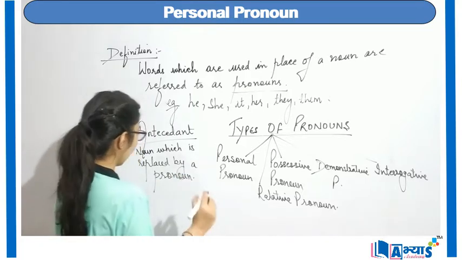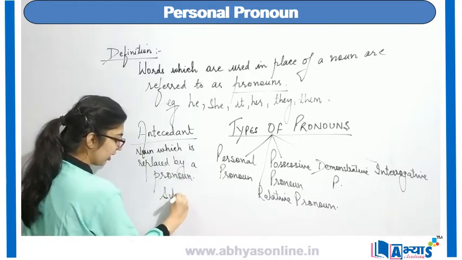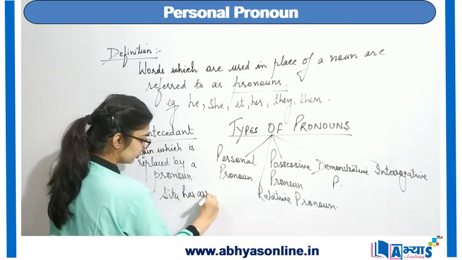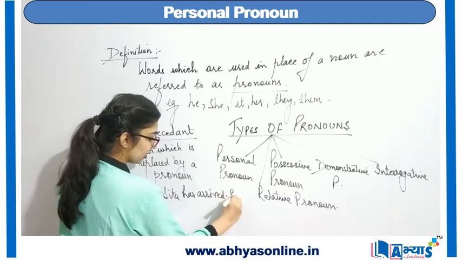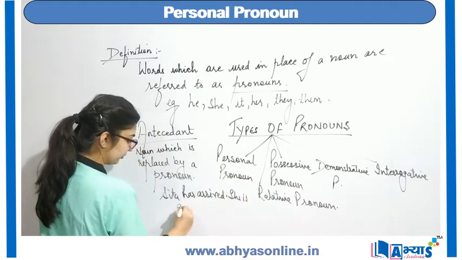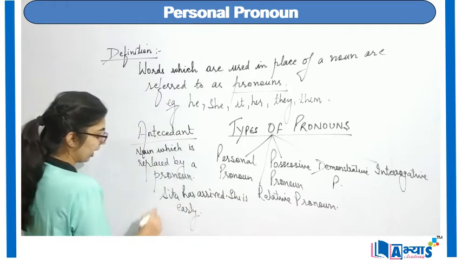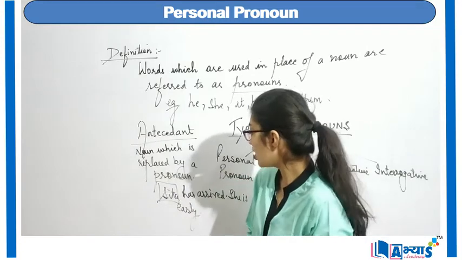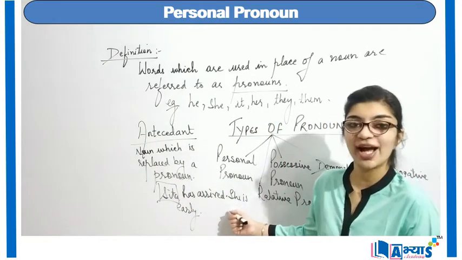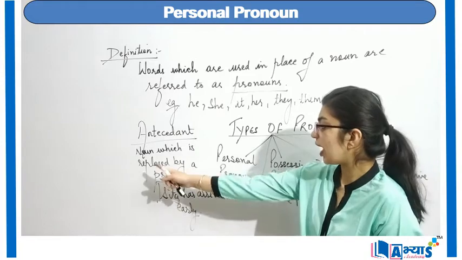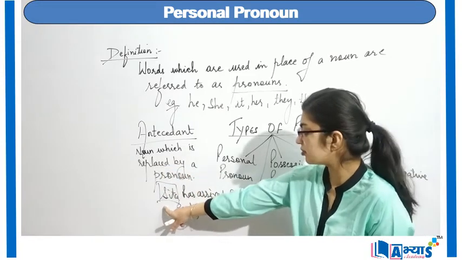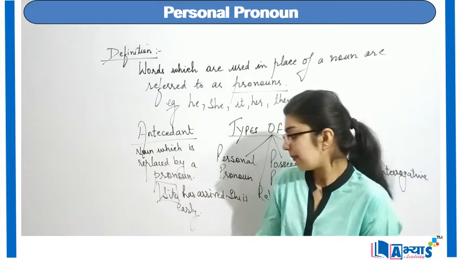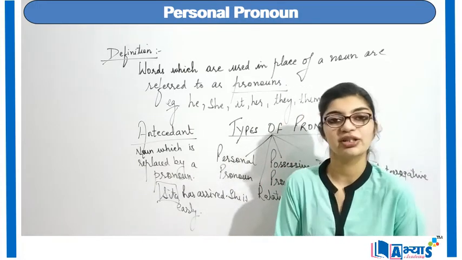For example, I say Sita has arrived. She is early. Therefore, over here, Sita is antecedent. Why? Because now Sita has been replaced by she. Therefore, the noun which is replaced by a pronoun is referred to as antecedent.